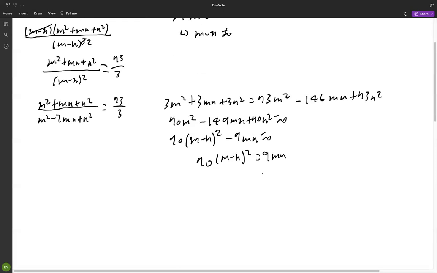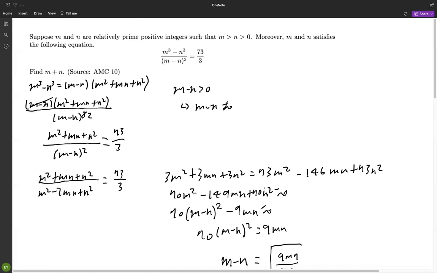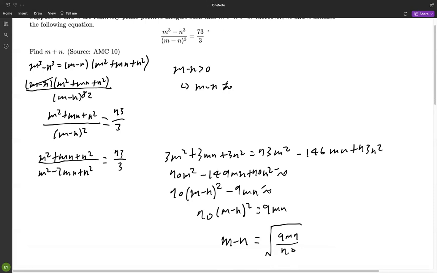So from here, we know that m minus n should be equal to the square root of 9mn over 70. And the reason why I didn't put plus or minus here is because we know that m minus n is always a positive number.